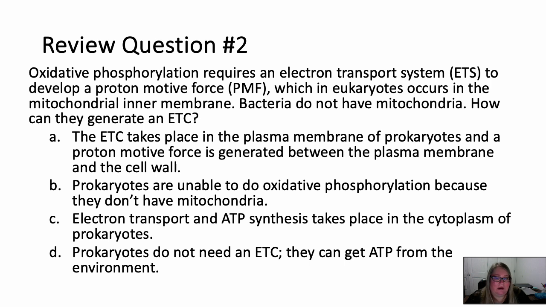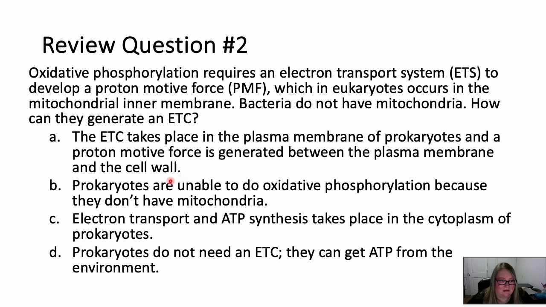Okay, so where do we find the electron transport chain, the ETS, for prokaryotes? Well, we find it in the plasma membrane, the cell membrane. So we need to find the answer that reflects that. The only one that's correct here is A. It says the ETC takes place in the plasma membrane, check, and the proton motive force is generated between the plasma membrane and the cell wall, in some, yes.